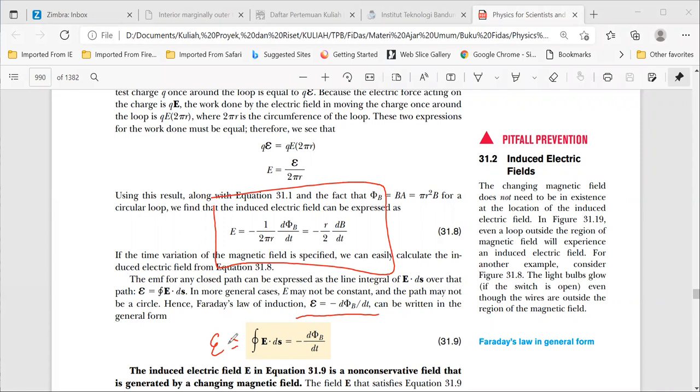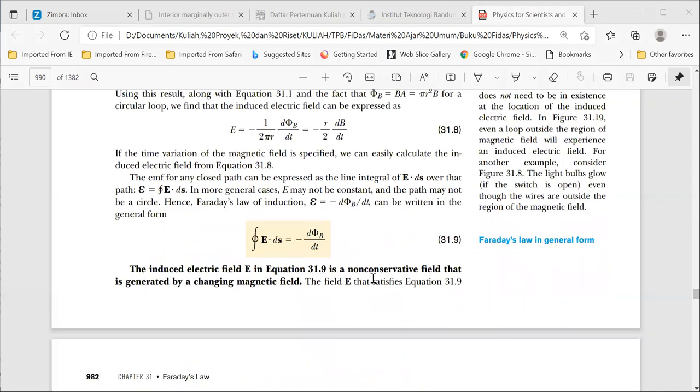This is the general formula, 31.9, the general formula of the Faraday-Lenz law of induction. Is there any question in this case? Any question?